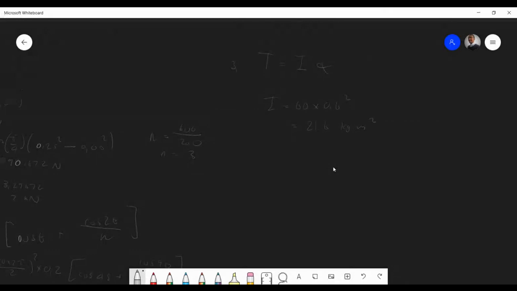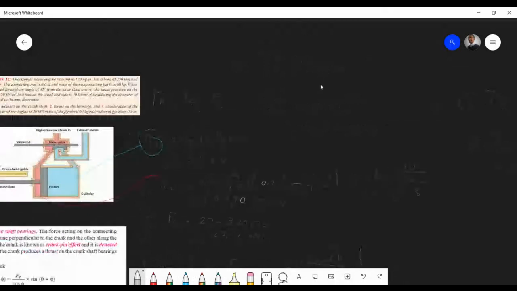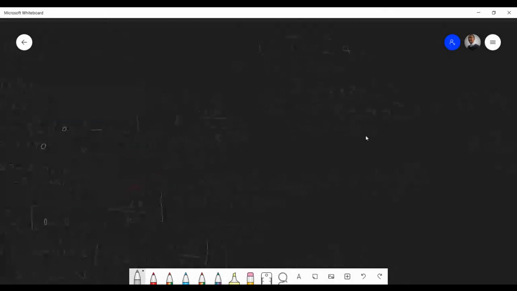Obviously, torque is next, right? One must be aware that this is analogous to a clutch problem, and we need to find the acceleration of the flywheel. What you essentially have to do is subtract two torques here.